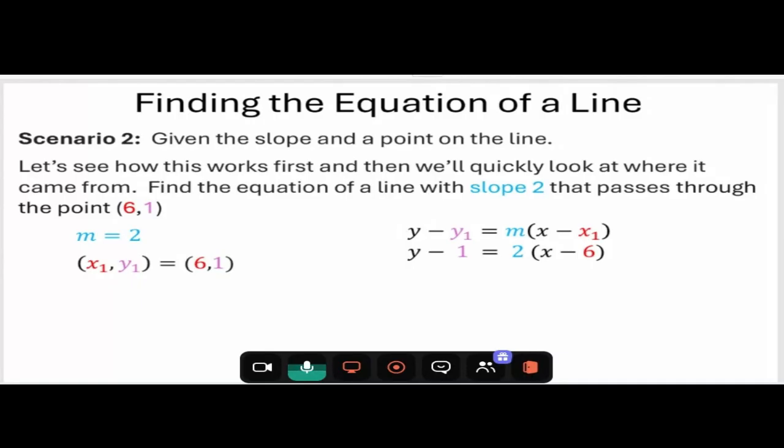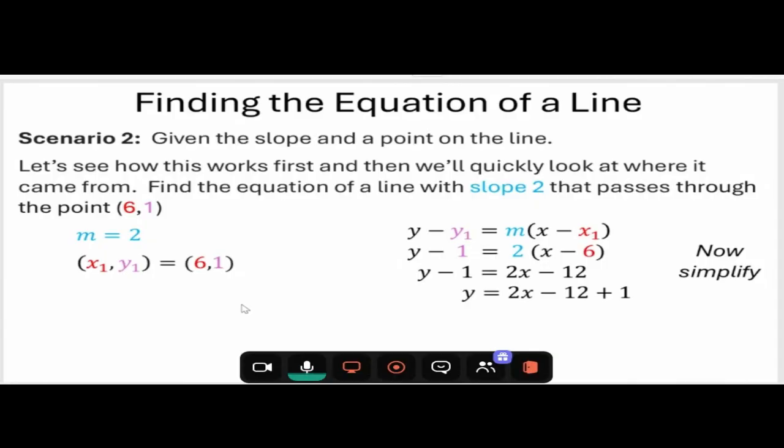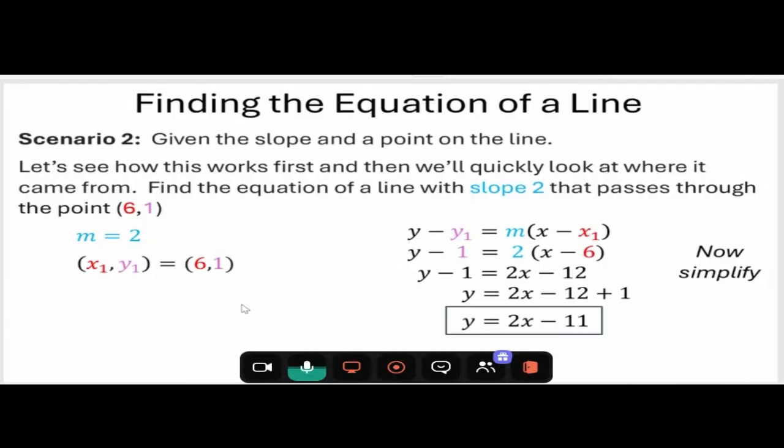However, what they generally want you to do, and what I would always do to be safe, is they want you to put it into y equals form. So to do that, I'm going to expand that bracket on the right, 2 times x and 2 times negative 6. So that gives you 2x minus 12. Then I'm going to add this minus 1 over to the right, like so, getting y equals 2x minus 11.